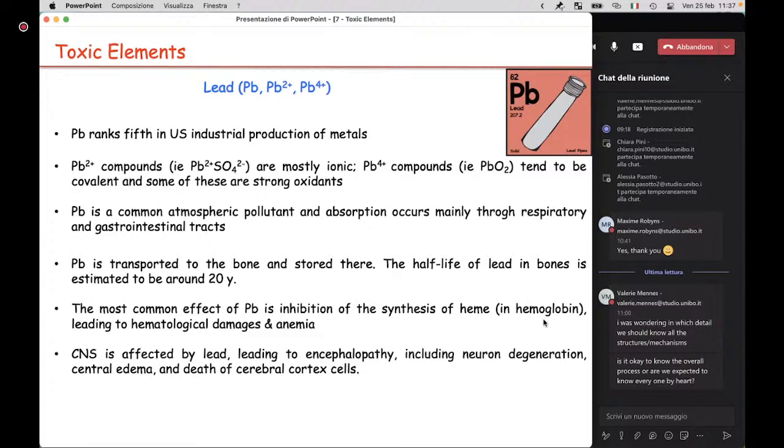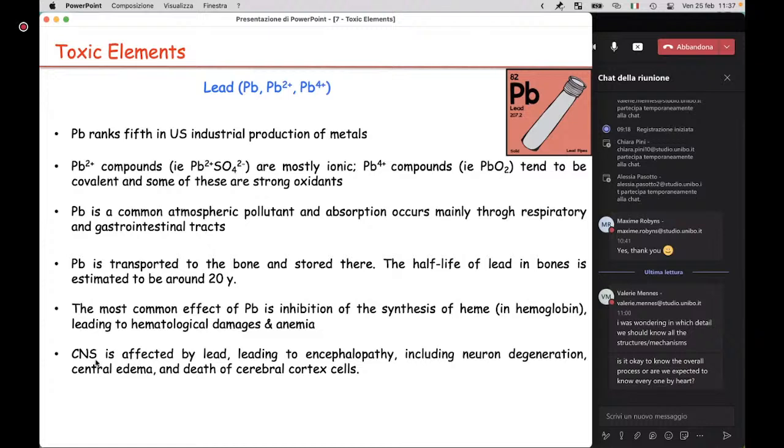Hemoglobin is the protein that transports oxygen in blood. And so if we stop production of hemoglobin due to the toxic effect of lead, we stop producing red blood cells, and so we have a disease called anemia, and of course other kinds of anomalies in the blood composition.